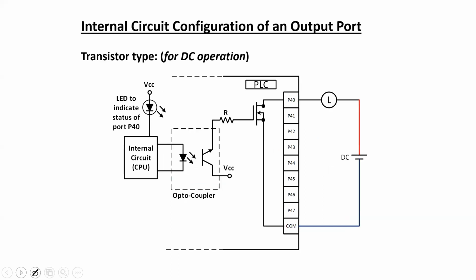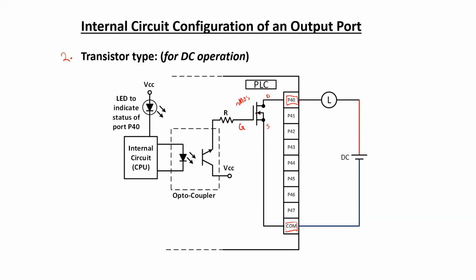Now, apart from the relay type, the output port can be configured using a transistor, where a specific output port and its common terminal could be connected through a transistor. In this case, an NMOS is shown over here. This is the drain, this is the source, this is the gate of the NMOS.